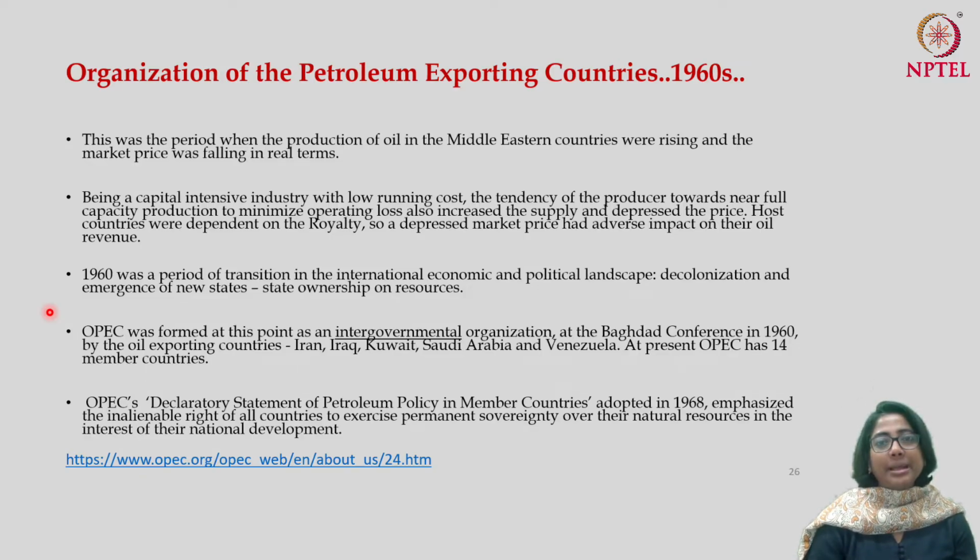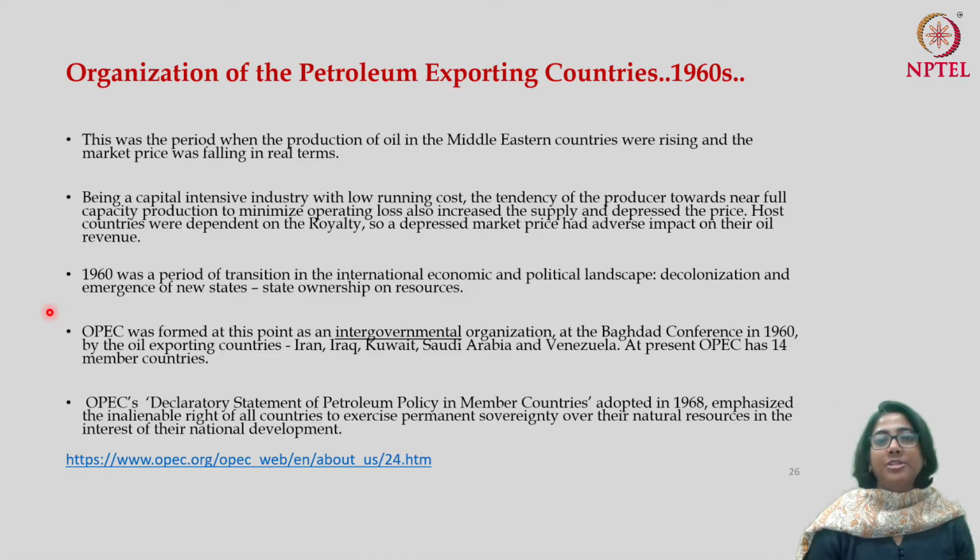Now, if you look at the supply and price trend in the early 1960s or late 1950s, this is the period where the supply was a little higher as compared to the demand, and it was marked by an era of falling price. There was a supply glut, and therefore a falling price in the oil market.